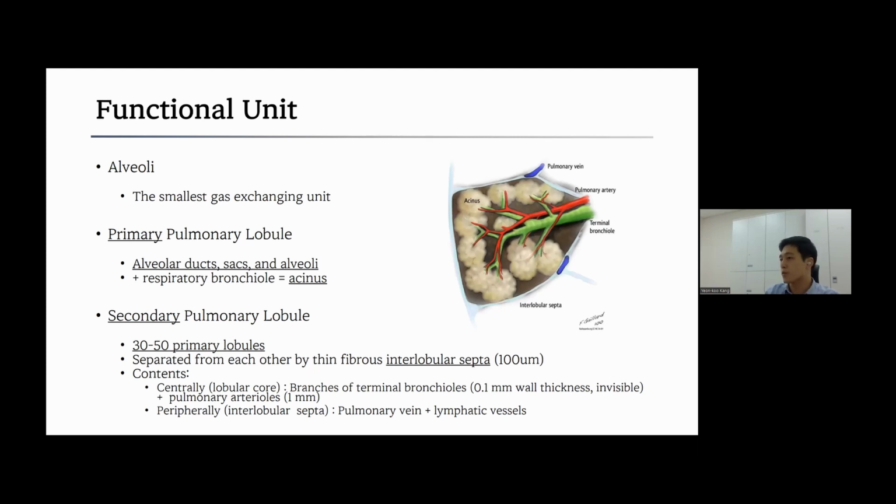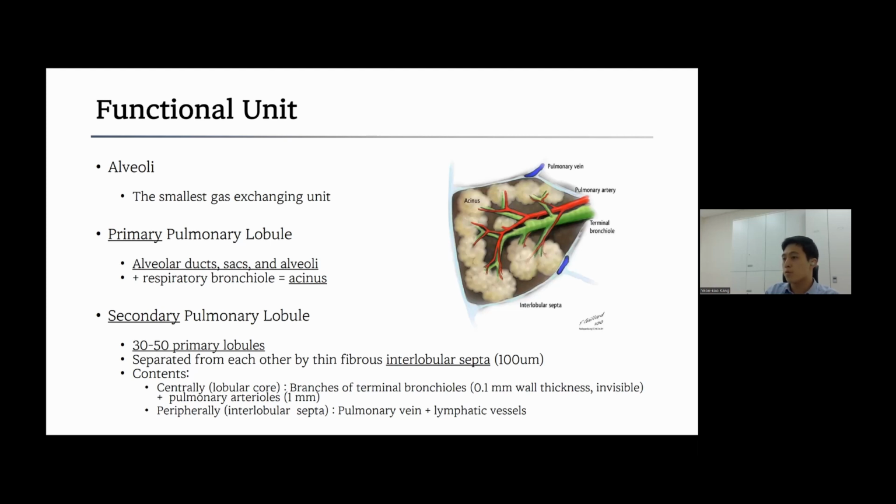Secondary pulmonary lobules represent a cluster of 30 to 50 acini supplied by a common distal pulmonary artery and bronchiole. These clustered acini are bounded by interstitial fibrous septa, known as interlobular septa, which outline an irregular polyhedron of varying size between 1 and 2.5 centimeters.